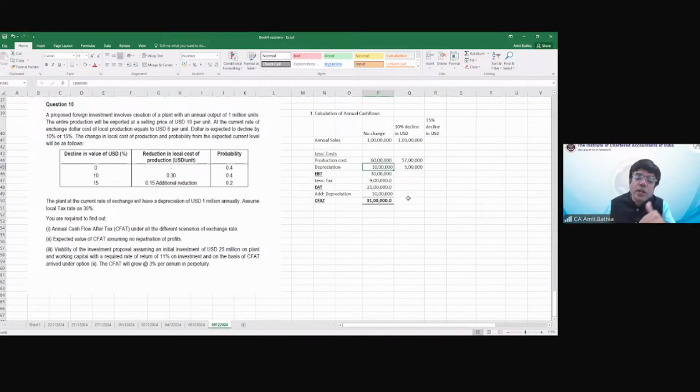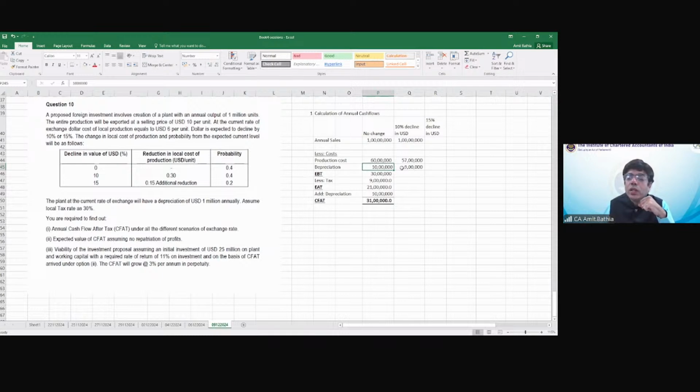Now USD is going to depreciate, so when I convert it in my books, it will be at the depreciated amount, USD depreciated by 10%.